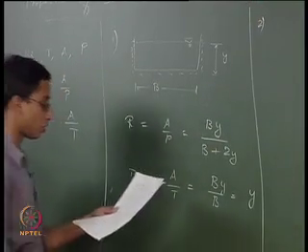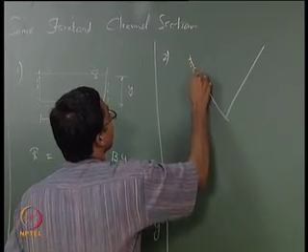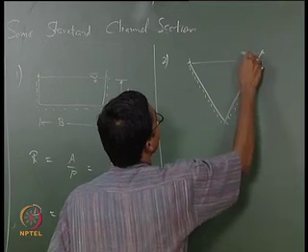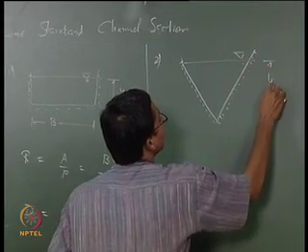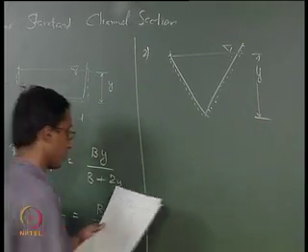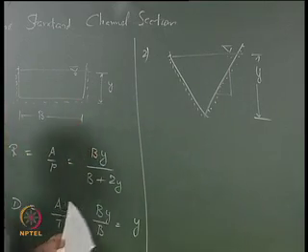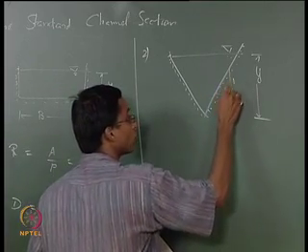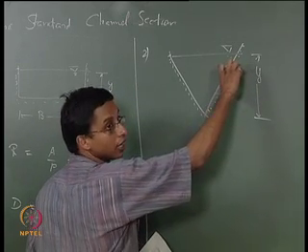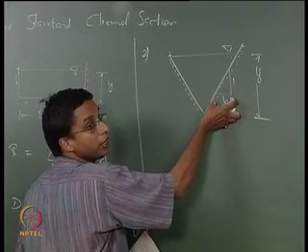If a triangular cross section is given to you, say depth of flow is y, and the channel side slope is given as 1 is to b, that is, for every 1 unit of vertical displacement, it will be displaced horizontally b units.